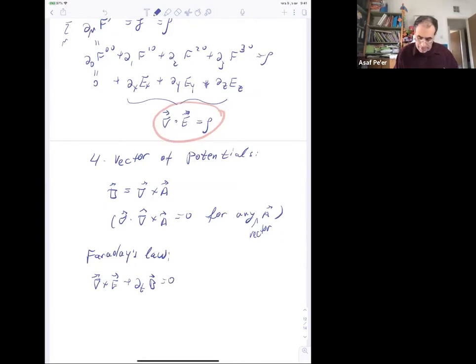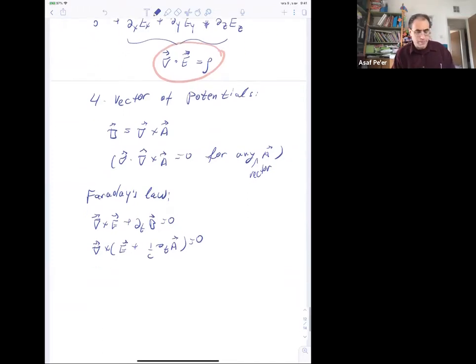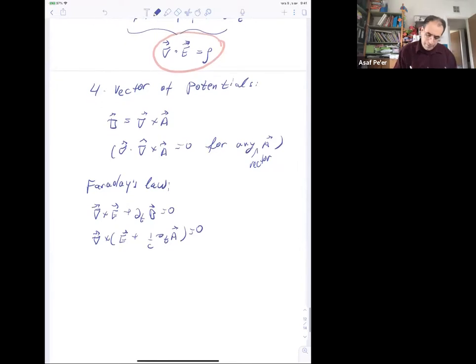I can write that as ∇×E plus, if I want to be careful, 1/c ∂tA, equal to 0. Now again, the curl of a gradient is always 0. That's a mathematical identity: ∇×∇U, for a scalar function U, is always 0.